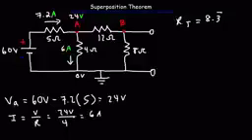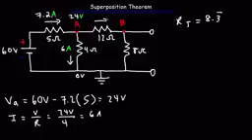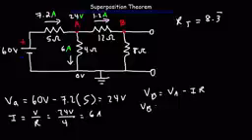Now, if we subtract these two currents, 7.2 minus 6, that'll give us the current flowing from point A to point B, which is 1.2 amps. Next, we can calculate the potential at point B, which is going to be the potential at point A minus the voltage drop across the 12 ohm resistor.